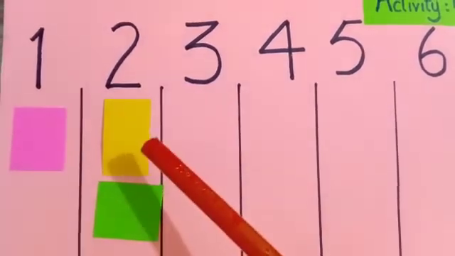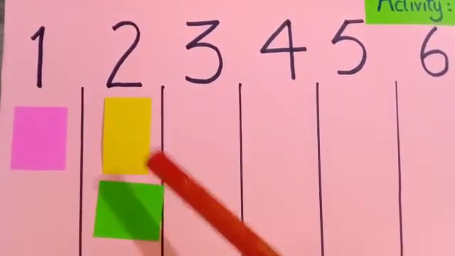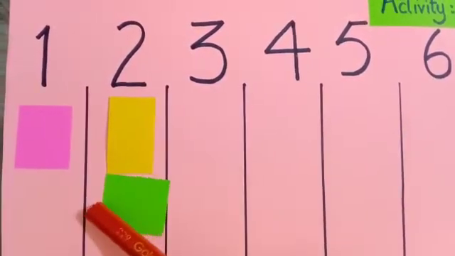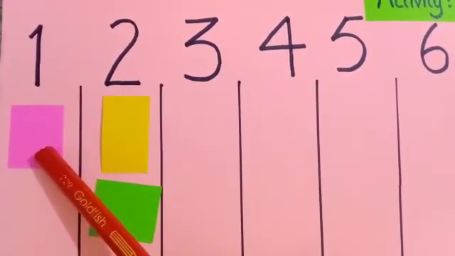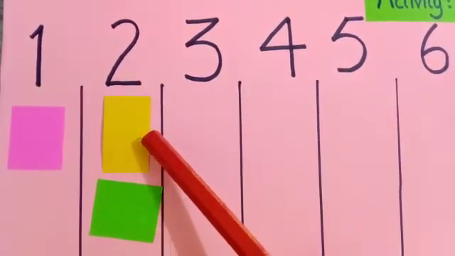So now these are 2 in number. 1, 2. Here is 1 cutting and here 1, 2.